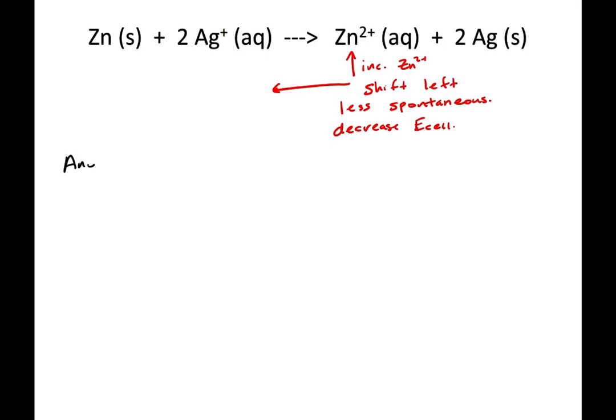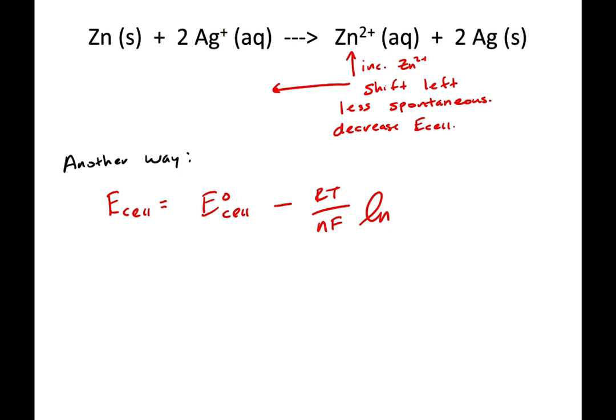Another way that we can get the answer is by analyzing the Nernst equation. All right, so we can write the Nernst equation. E cell equals E naught cell minus RT over NF ln of Q, and then we'll write the Q expression out for this reaction. We do products over reactants raised to their stoichiometric coefficients.